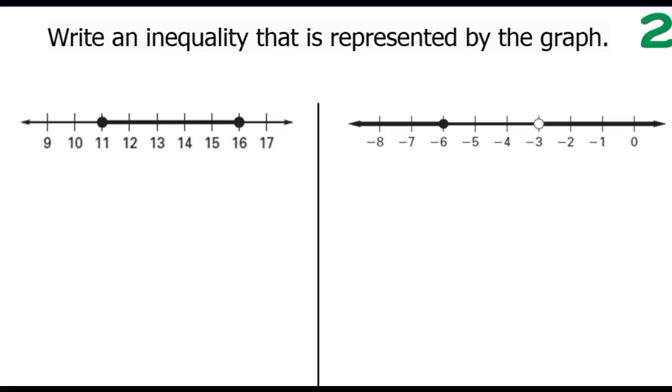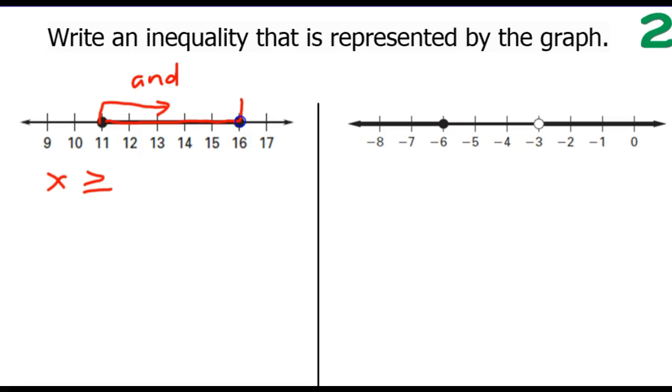So if we jump to writing an inequality, here we have this area in the middle. That is our solution. So right away I know this is an and inequality. We have a closed circle, so I know that x is going to be pointing to the right, and the closed circle means it's an equal to.